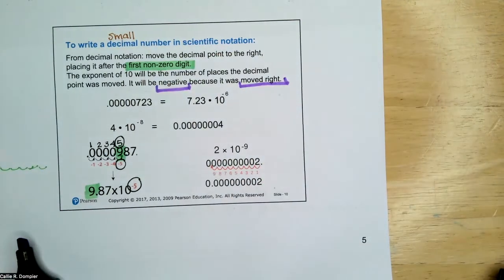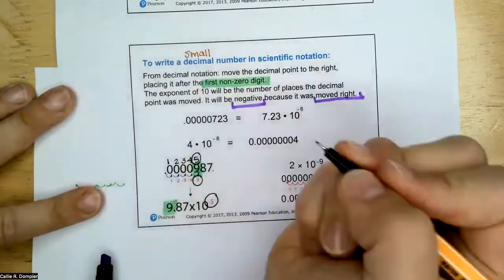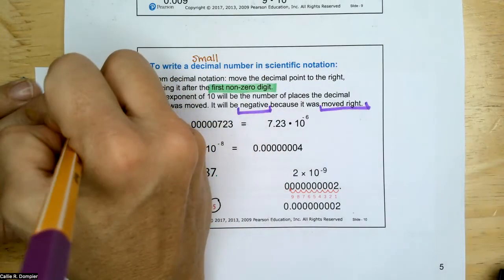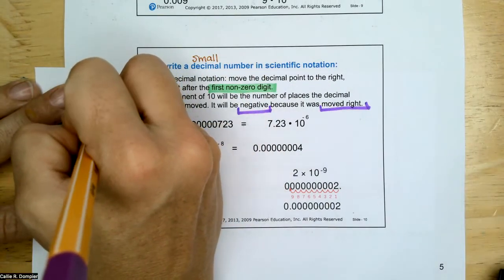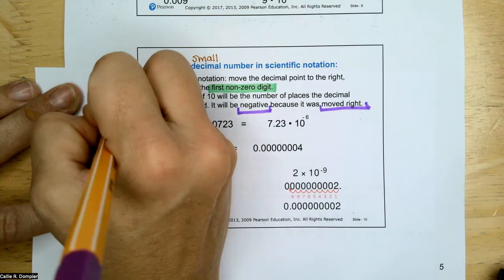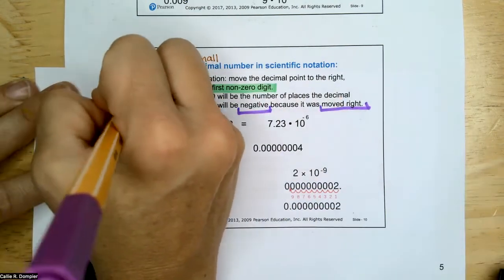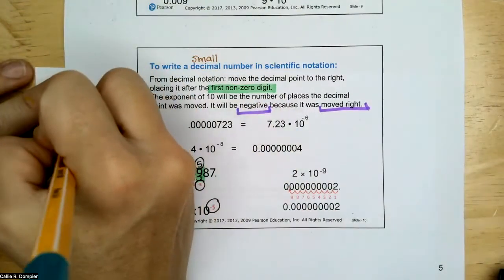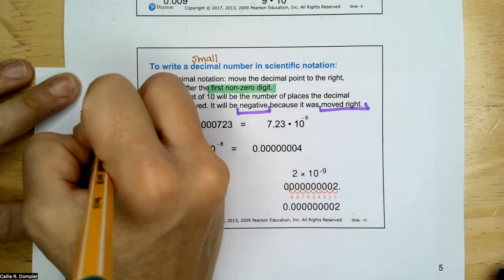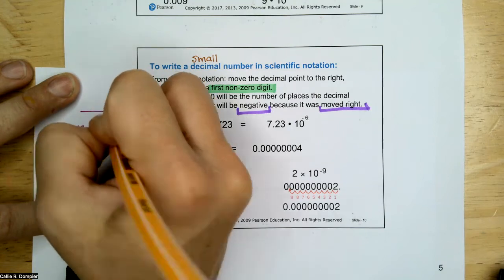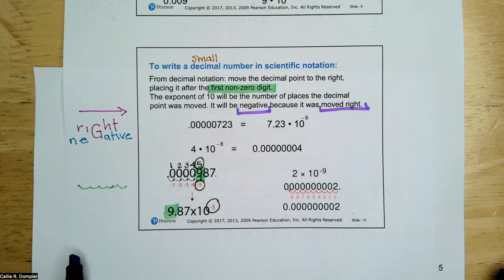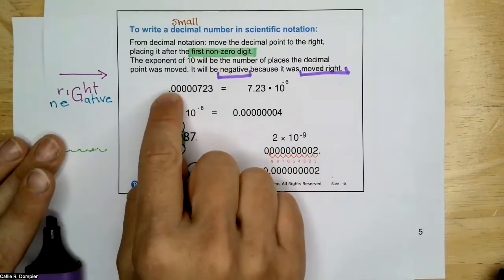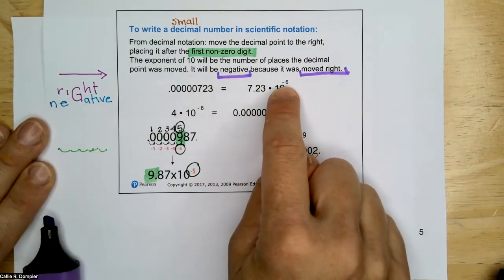Remember that the word right has a G, the word negative also has a G, okay? We're moving it right, it's going to go negative. I had to move this right, my exponent's going to be negative.